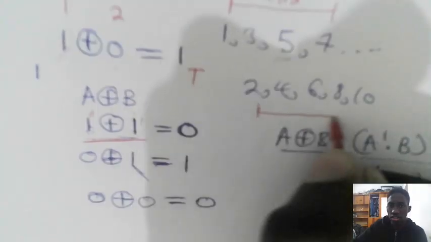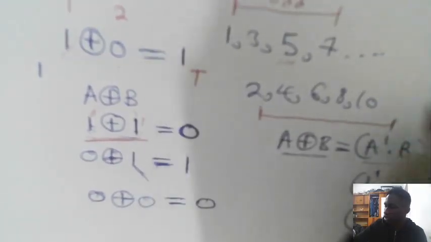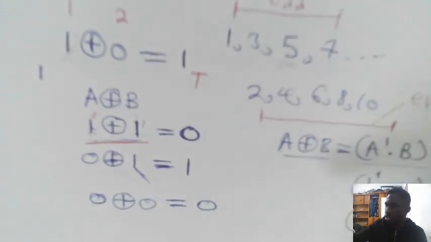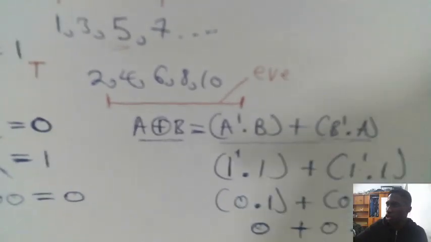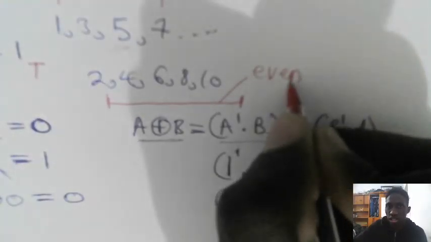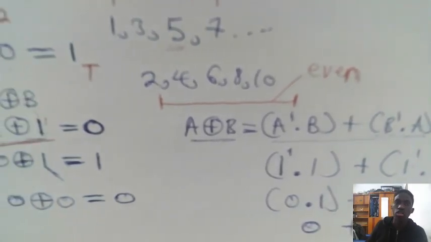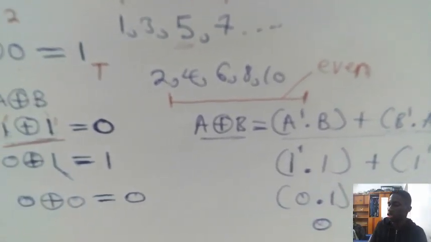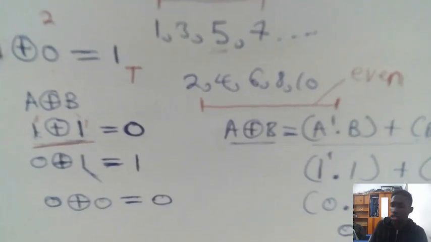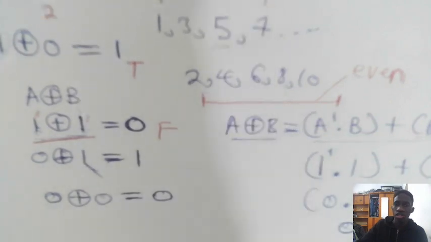We call these the even numbers, and if you have two true values in your input set, then you're going to get a false as your output.